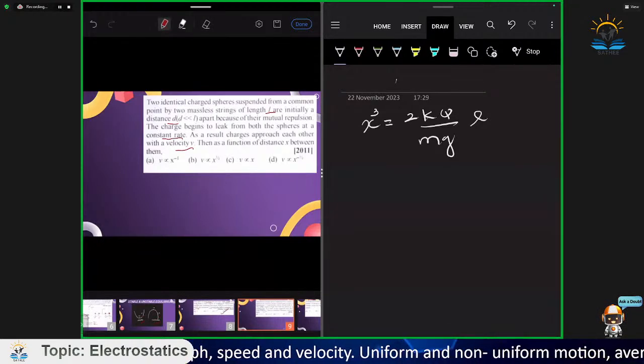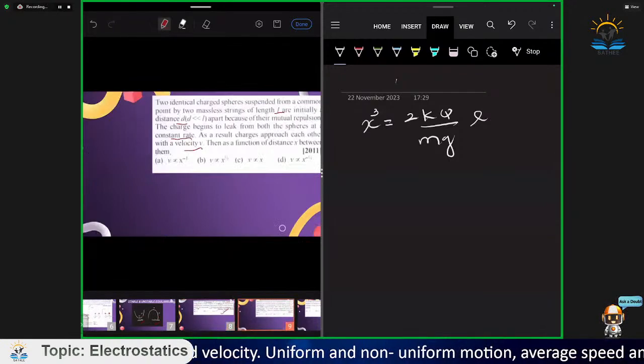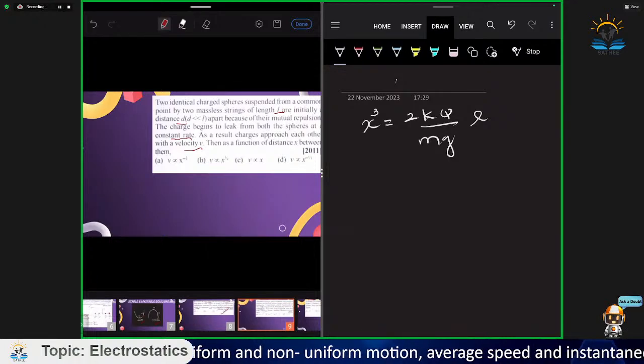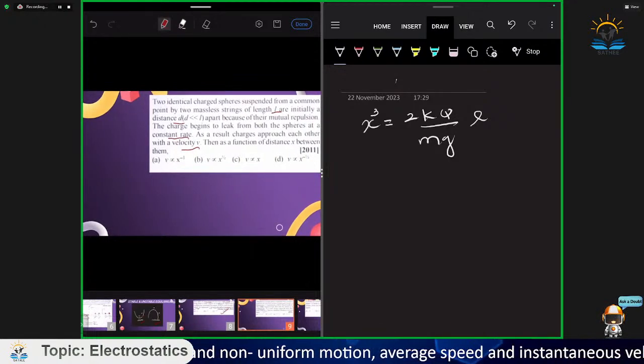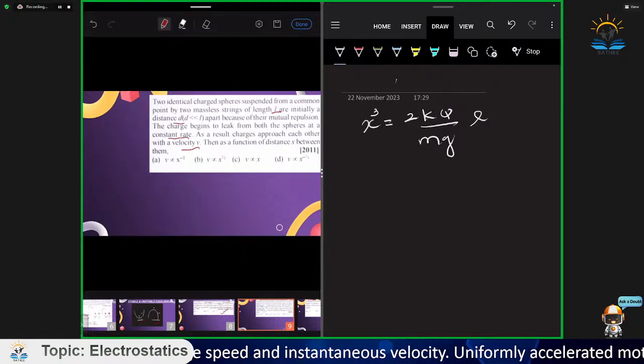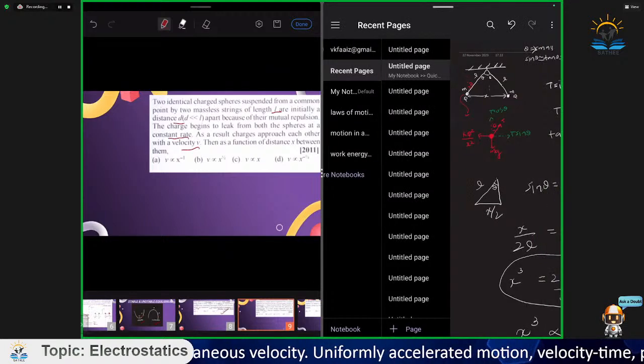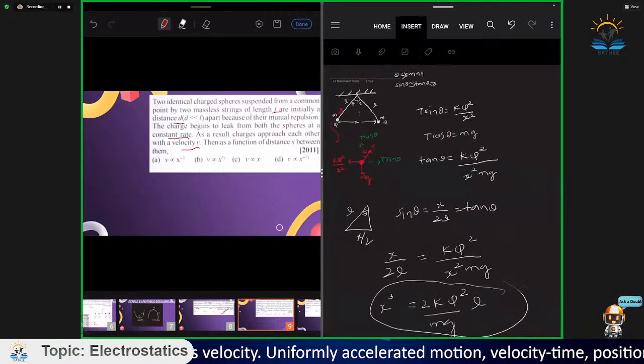Because the previous question and this question are the same. Here what is happening is that the charges are leaking. That's why both charges are approaching each other with a velocity v. That's all. Simple. So we know from the previous question, 2kq square. Let me confirm once again: 2kq square.